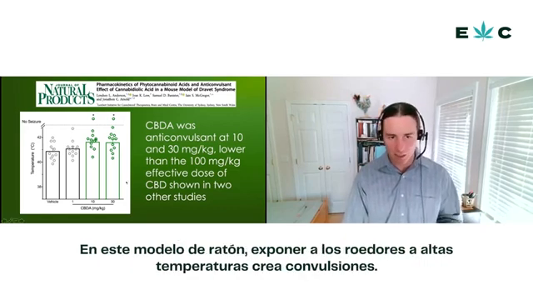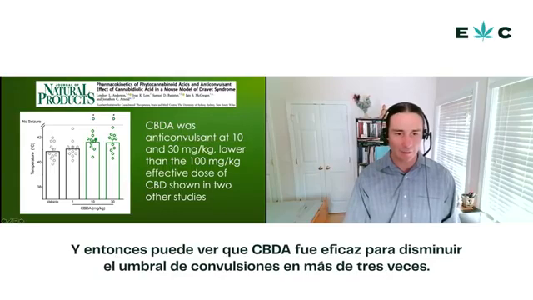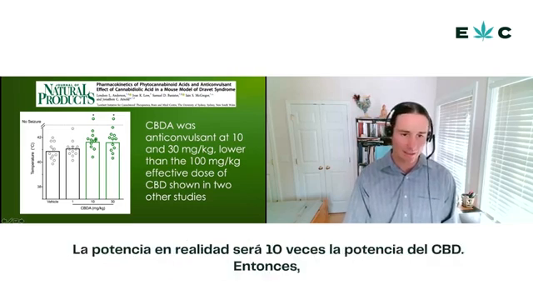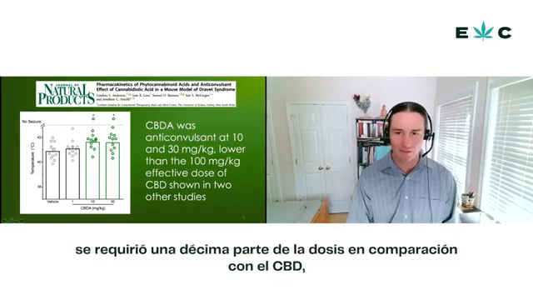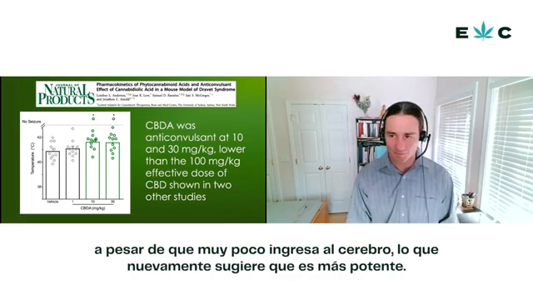In this mouse model, exposing the rodents to high temperatures creates seizures. You can see CBDA was effective at decreasing the seizure threshold at over 3 times the potency. Well, actually, really at 10 times the potency of CBD. So 1/10 of the dose was required compared to CBD, even though very little of it is getting into the brain, which again suggests that it's more potent.